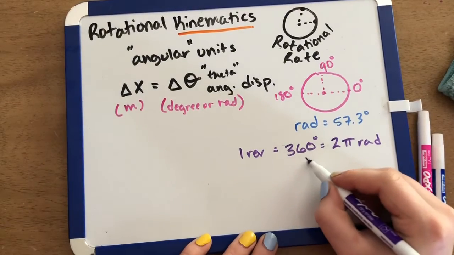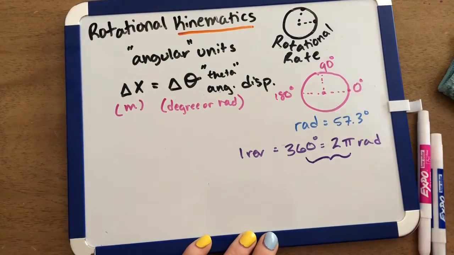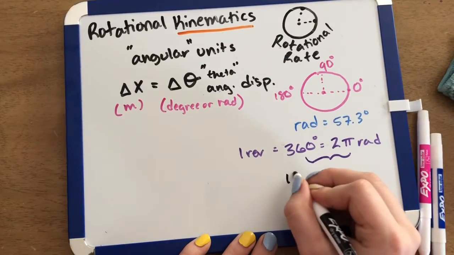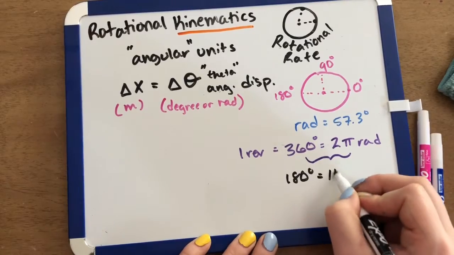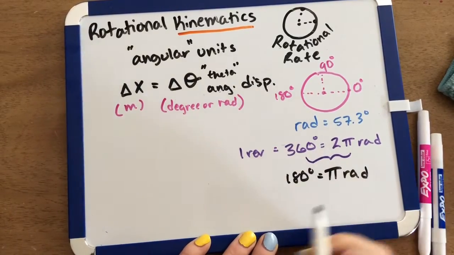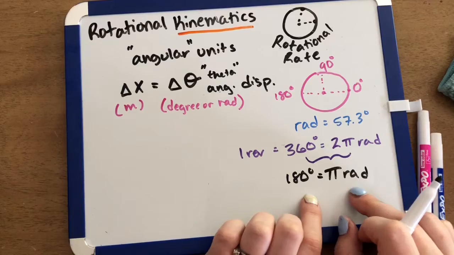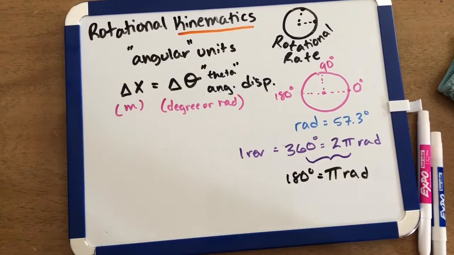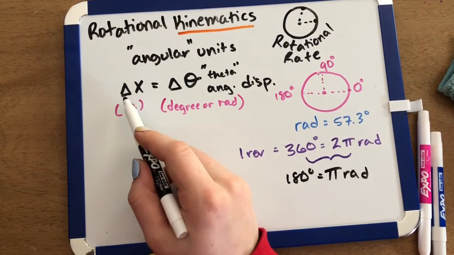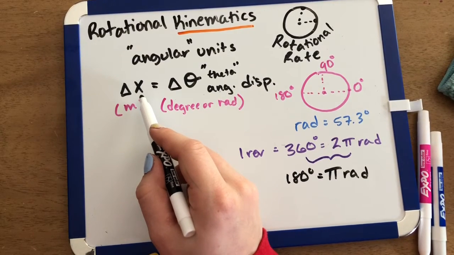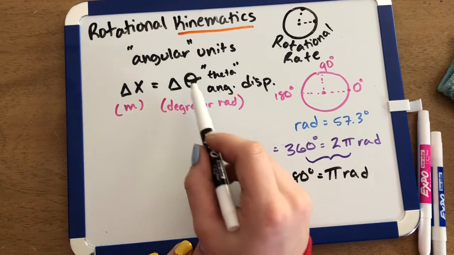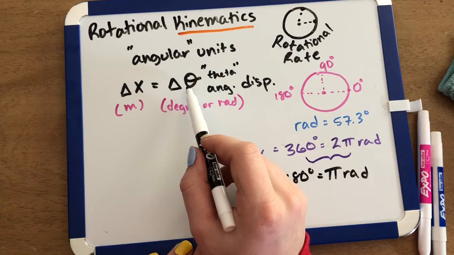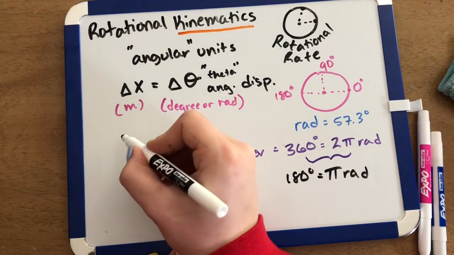And we can simplify this even more. 180 degrees, because if we divide 2 by 360, is just pi radians, which is what we're going to be using more than degrees when we are doing our calculations. So let's further go through this. This is a linear unit, meters. So we're going to be using degrees and radians for our angular displacement.